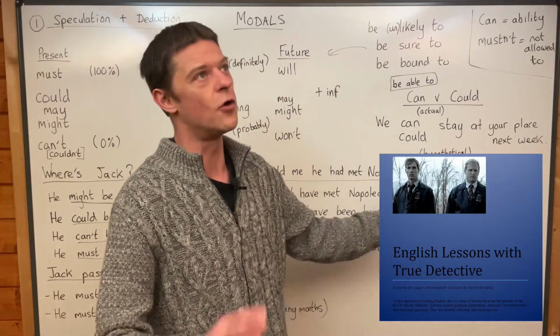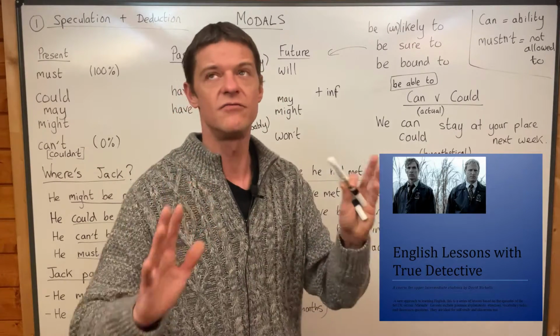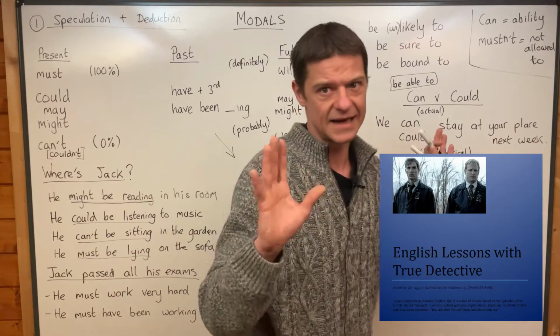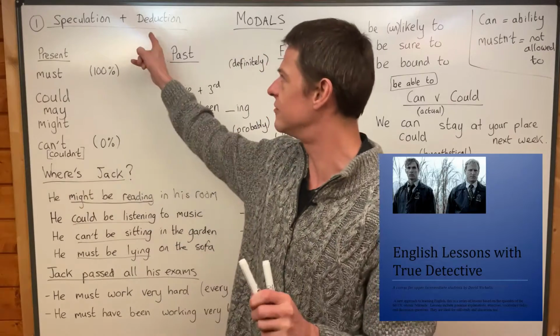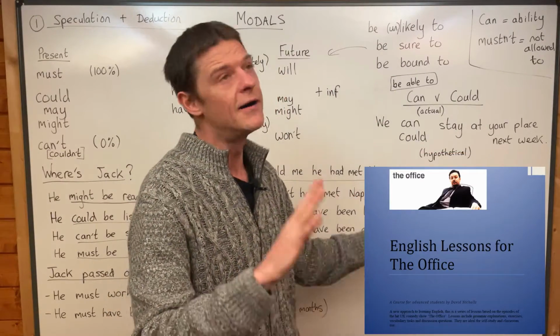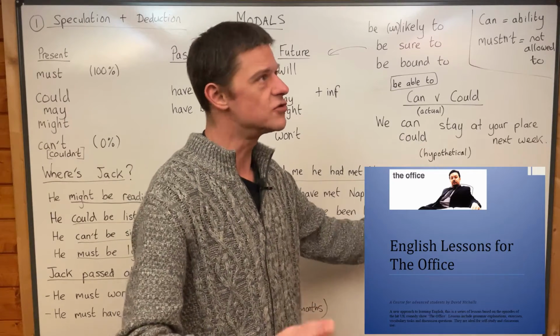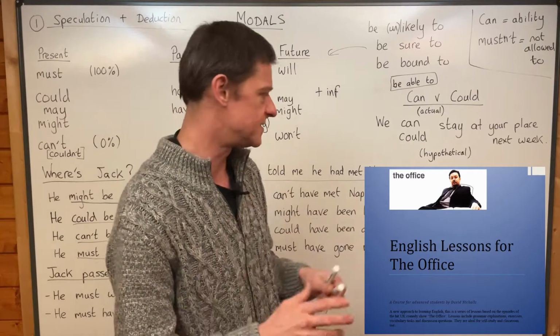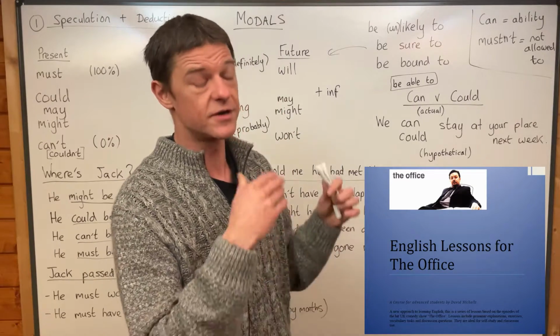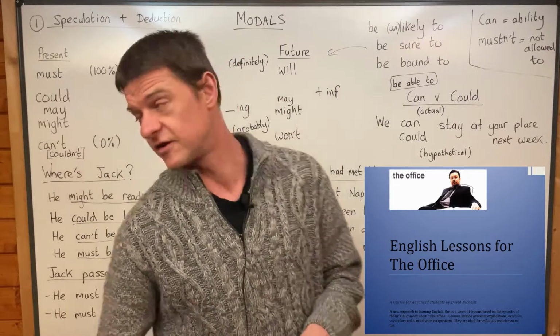They're used for obligations in a variety of senses. But I want you to think of them as mainly, let's say, because I don't want to say they're never used for this, because I can think of a couple of times where maybe they are, but most of the time these are not used for speculation and deduction. They're used for obligation, and we'll look at those uses in the next class.